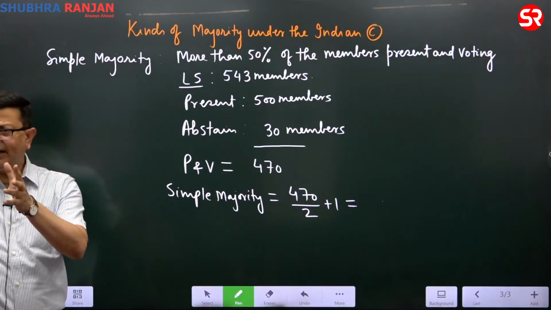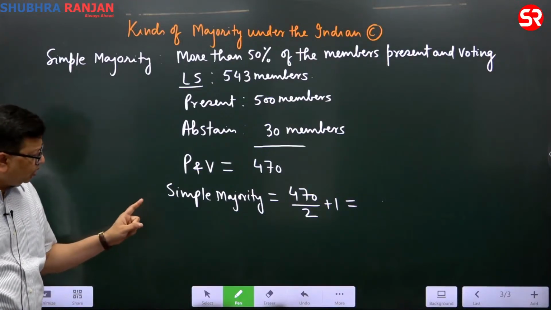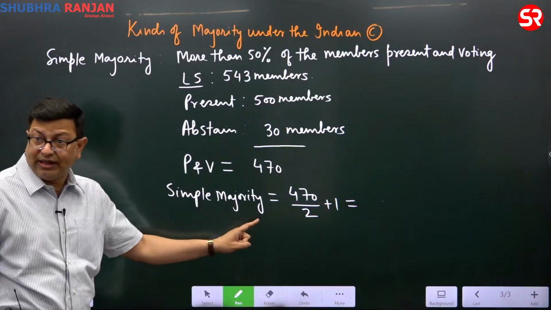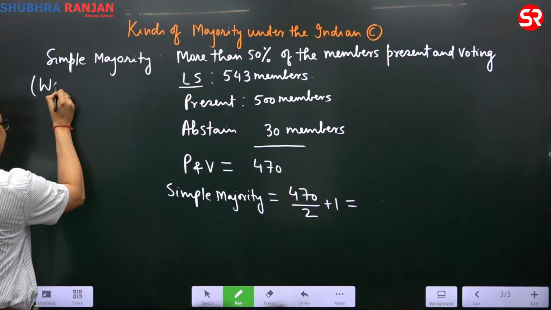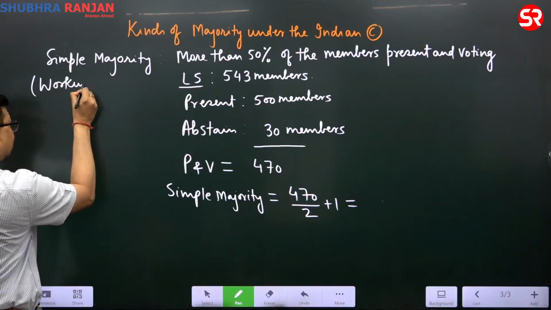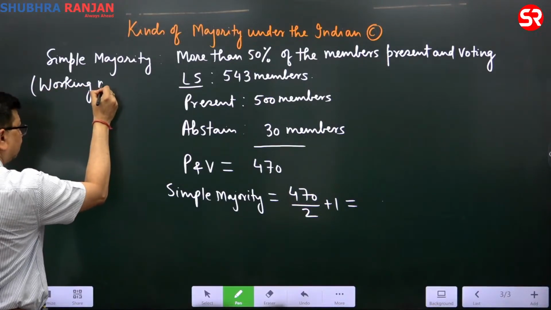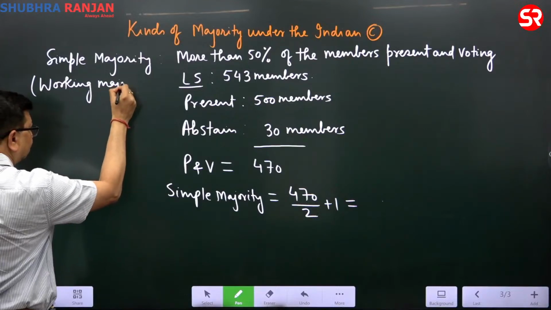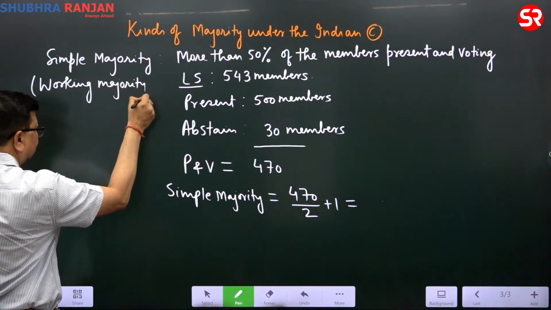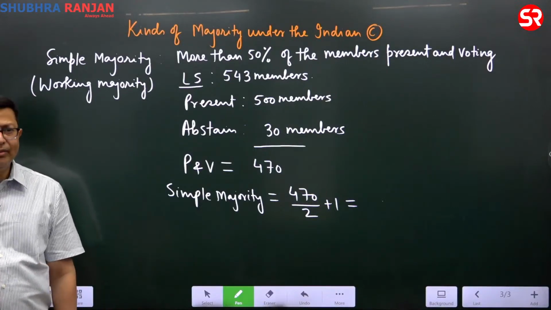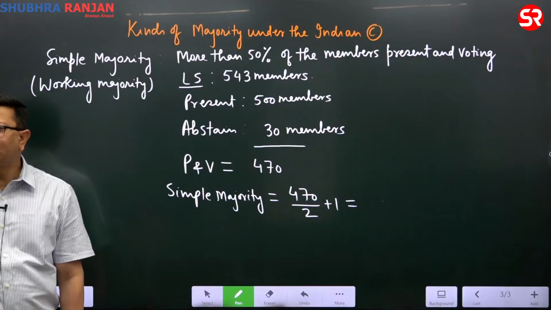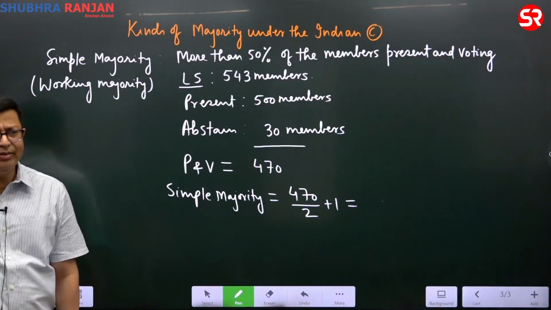He will not be counted. So this is simple majority. It is also known as working majority.